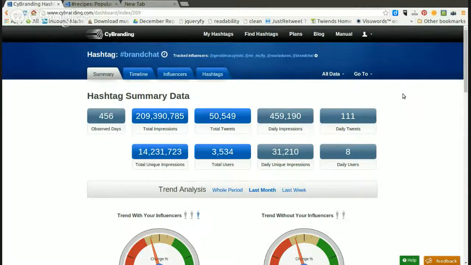How do you do that? You choose a name for your hashtag, which is unique. Very often, the name contains the word chat in the name itself. For example, brand chat, of course, is a chat about branding. And you tell people, okay, we will be talking about brands on Twitter at a given day and time.